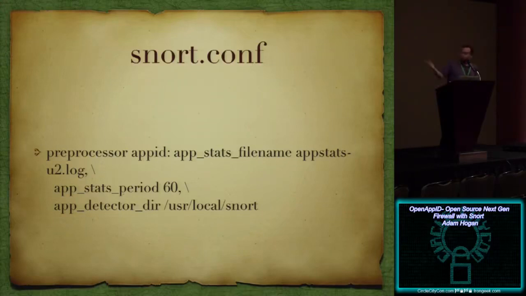All we're going to tell it is, okay, we want to run AppID. You can specify the name of the log file, because it's going to have an awful lot of application statistics. It's just the file name where that's going to go. The app stats period is how many minutes until I report these logs. And then you have to name the directory where you've put the application detectors, right? Those scripts I was just talking about downloading, we just have to point it to wherever you've unzipped that file. Okay.